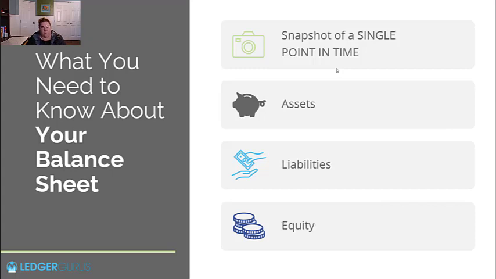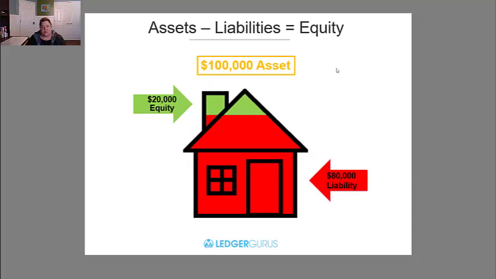Now, people often have a hard time understanding equity. One of the greatest ways to understand equity is to understand the way that it plays into assets and liabilities, and one of the best ways I've found to understand this is the analogy of a house. If I own a home and that home is worth $100,000, and I have an $80,000 mortgage against that home, then I have $20,000 of equity in that house.